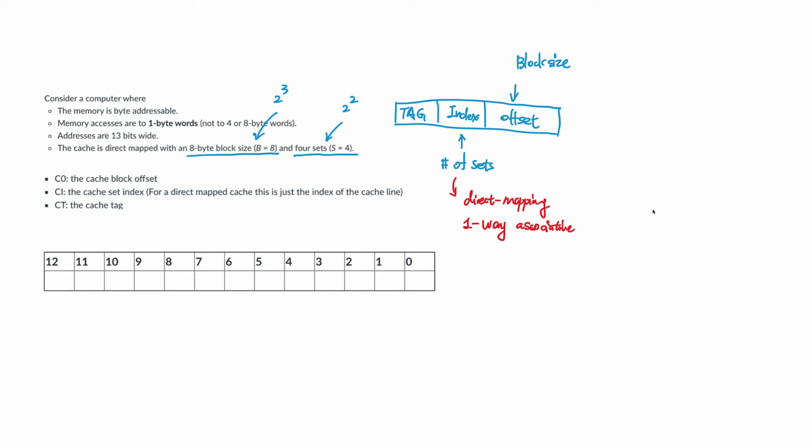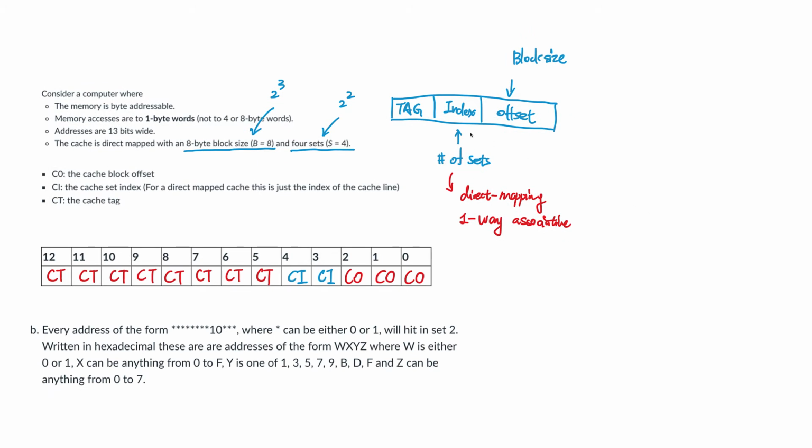Since we know the block size is equal to 8, that's 2 to the power of 3. So we need at least 3 bits to distinguish the 8 byte block size. So for the offset, we have 3 bits.